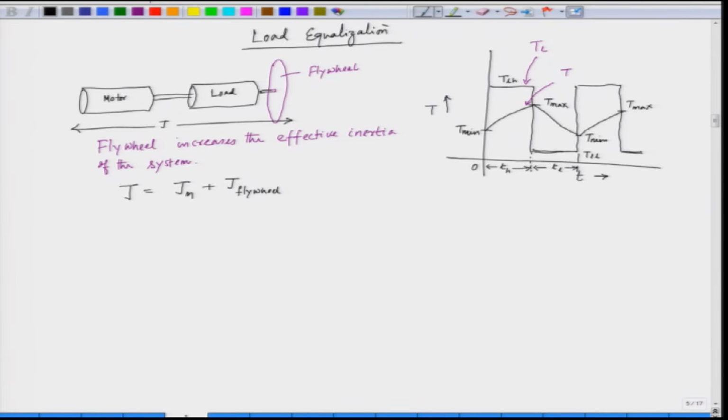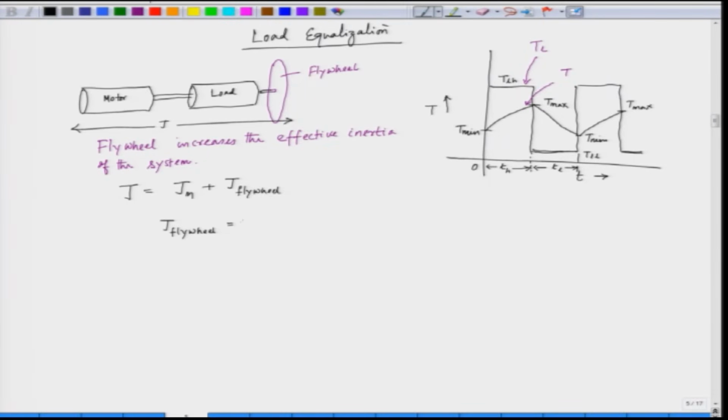Now, when we connect a flywheel, we have to decide what should be the inertia of the flywheel, so that we achieve the desired T minimum and T maximum. Now, we can do that by plotting here the motor characteristic.